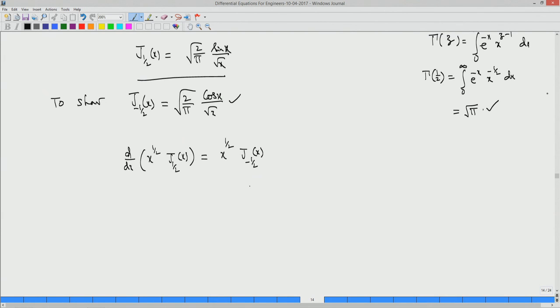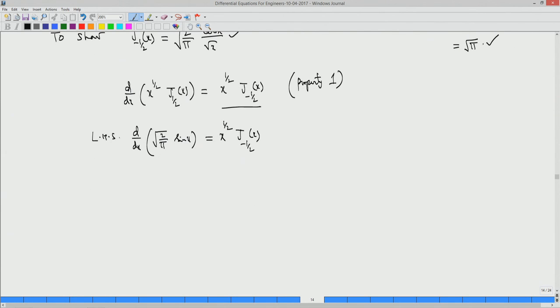So you want this one. Replace the left hand side. It is the derivative of root x into J half, which we already proved is root 2 by pi sin x. On the right side, it is root x into J minus half of x, from property 1.